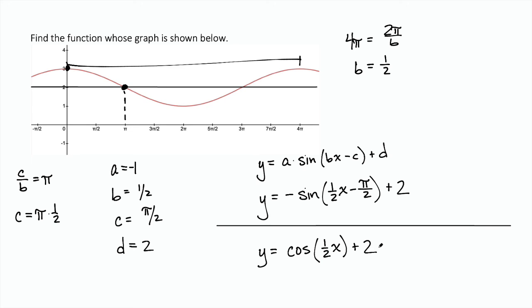Okay, you can see the amplitude, of course, doesn't change. The period is the same, but there's no phase shift here because it hasn't moved from the axis, but it did still move up 2. So this would have also been correct, and you could check on a graphing calculator. You could graph both of these and see that they are the exact same graph.